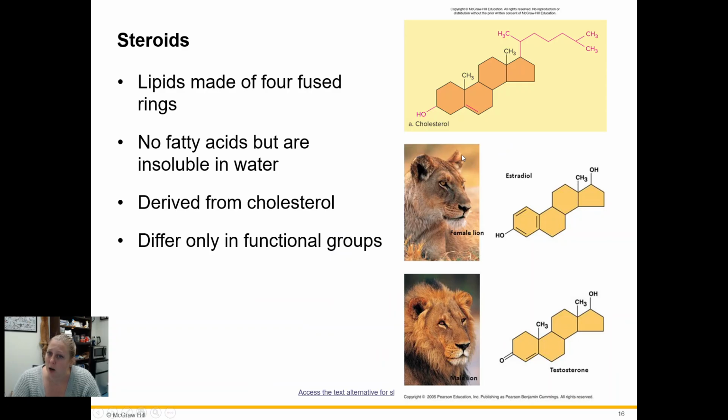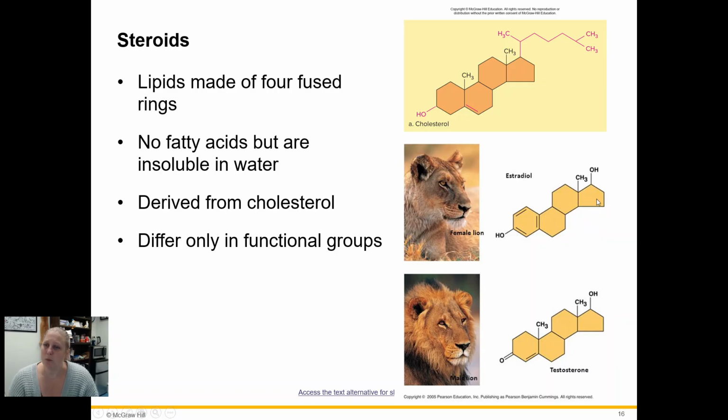They still have carbon, hydrogen, and oxygen, but now we see 4 fused rings with different functional groups hanging off of those rings at different points. So, the classic example of these steroids are going to be your cholesterol, which is a precursor for both estradiol, which can become estrogen, and testosterone, those hormones that are responsible for secondary sex characteristics. Okay?